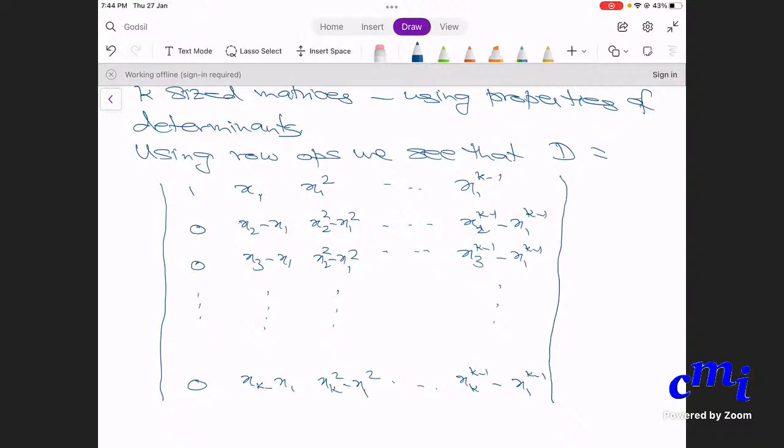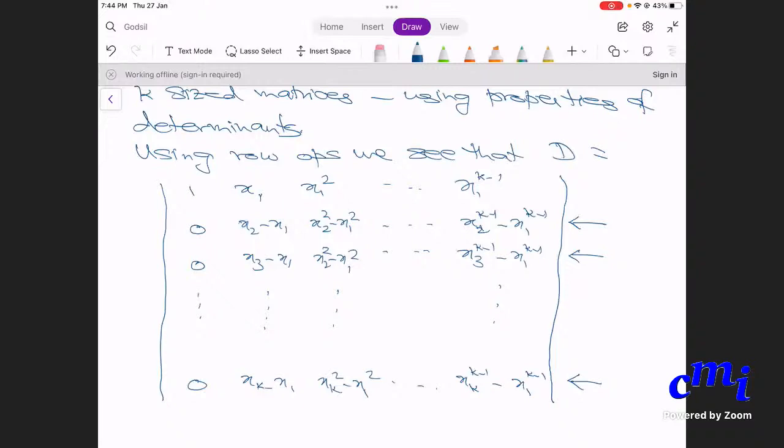Now we want to calculate the determinant of this matrix. What is nice about this matrix is that in this row, all the entries are divisible by x2 minus x1. In the next row, all the entries are divisible by x3 minus x1. And in this, everything is divisible by xk minus x1. So D is the determinant of this matrix.